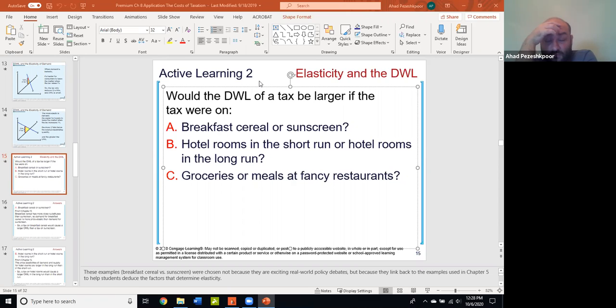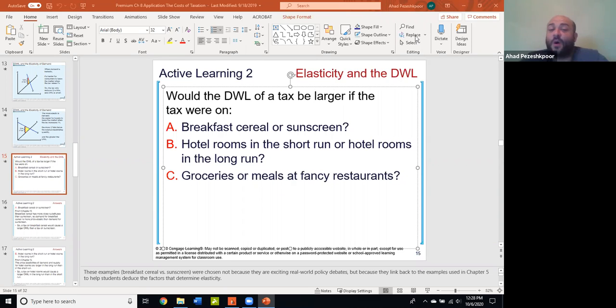Anyone? Long run. Yes. In the long run, people have time to think, to plan, to prepare, so they will have a higher elasticity. Both the supplier and the consumers. They have more time to think, so they'll react.